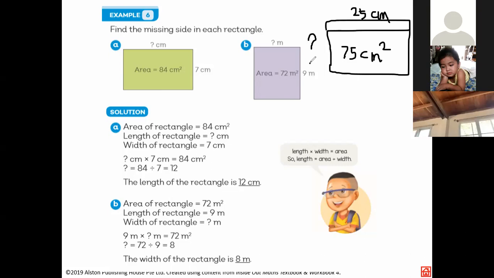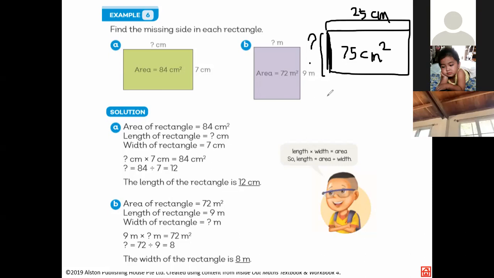So what is the measurement of the width? 3 centimeters. Oh, very good.